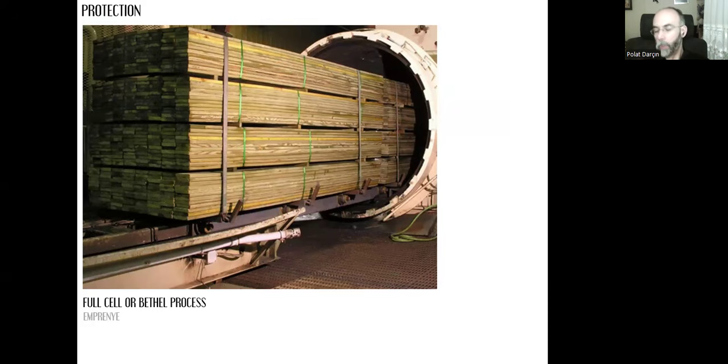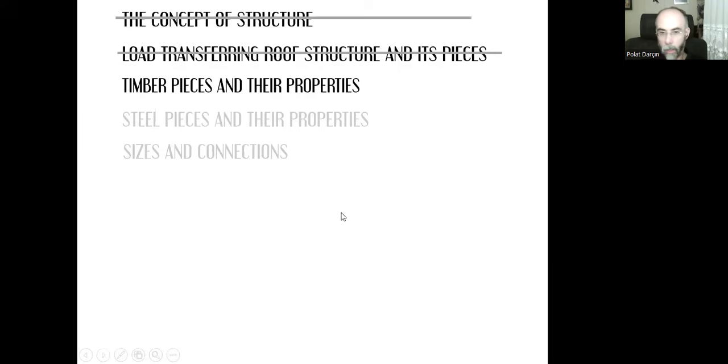So all the channel-like things, the empty grains, are filled with this chemical, and based on the type of the chemical that is being absorbed by these timber pieces, it becomes more resistant against fire damage, against water and humidity damage, or the insects.